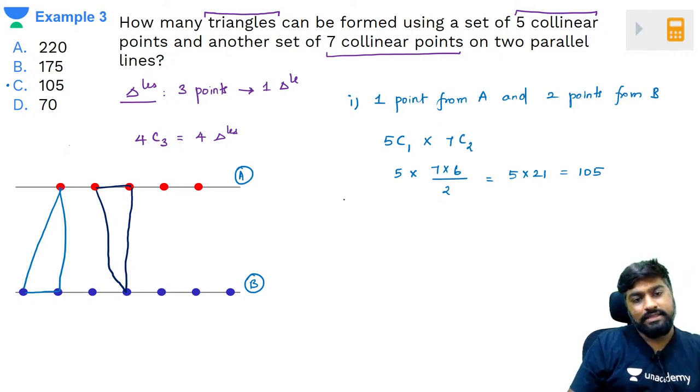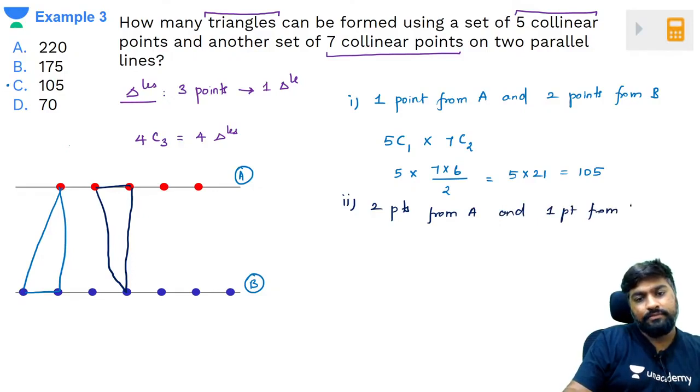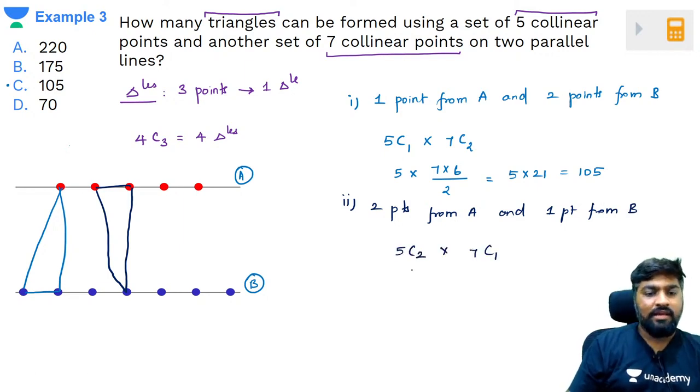So let's look at the second case where we select 2 points from A and 1 point from B. That means out of 5 points we need 2 and out of 7 points we need 1. 5C2 is 5 into 4 by 2 factorial and 7C1 is 7.